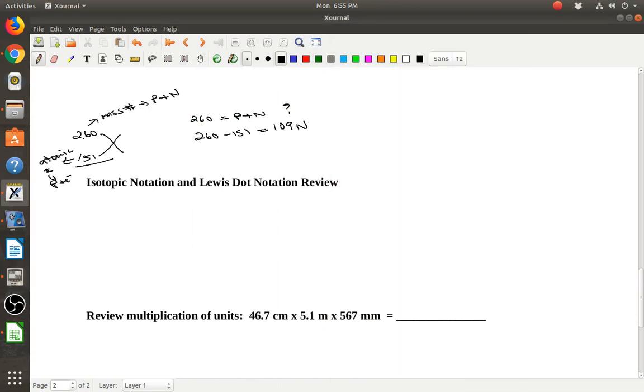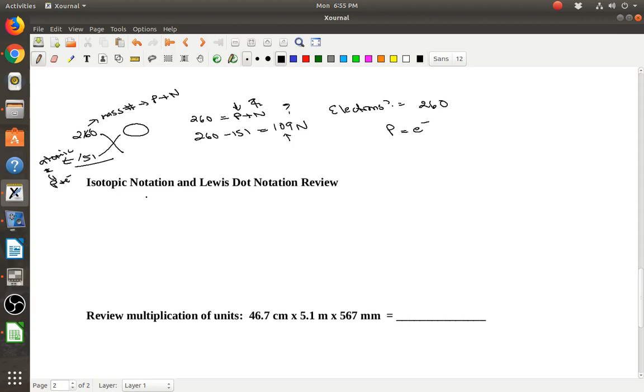Okay, I could have just done it right here, 109 neutrons. How many electrons does this have? It has 151 because the proton count equals the electron count if it has no charge, and this has no charge. We're going to be dealing with ions more in a bit.